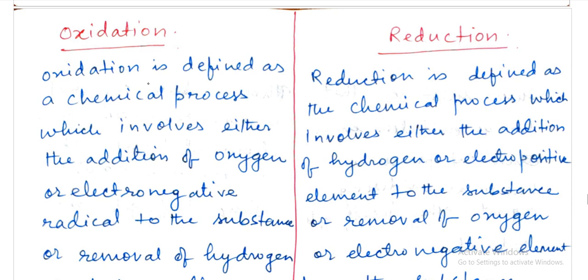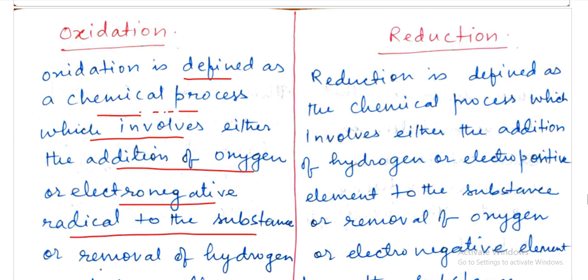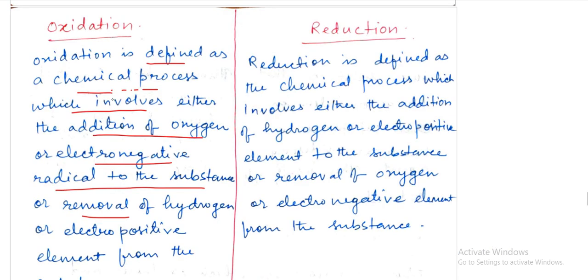First, oxidation is defined as a chemical process in which either addition of oxygen or an electronegative radical to the substance takes place, or removal of hydrogen or an electropositive element from the substance. This is called oxidation.